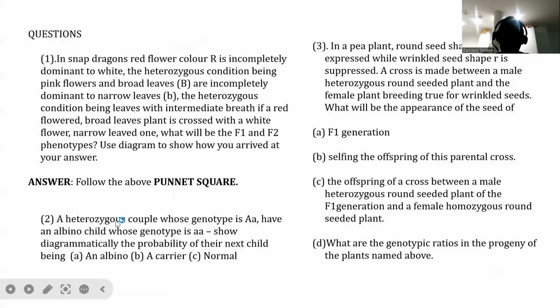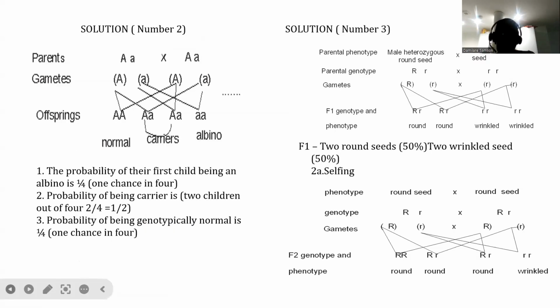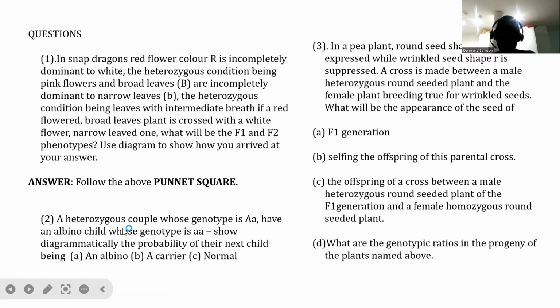So the second question here: a heterozygous couple whose genotype is capital A small a have an albino child whose genotype is aa. Diagrammatically, what is the probability of their next child being A, an albino, B, a carrier, C, a normal?